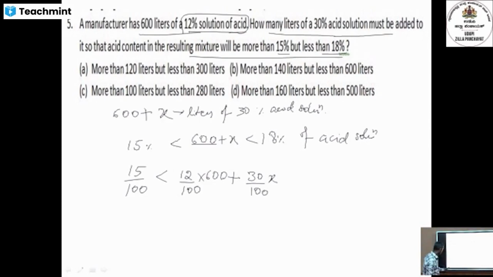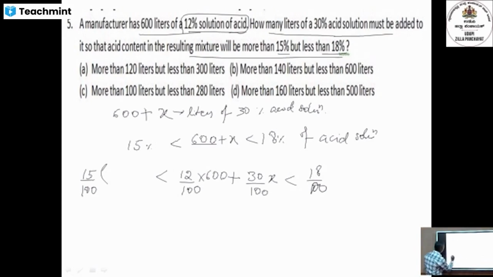There is an error. It is actually 15% of the resulting solution. So 15 by 100 of what? So this will be 15 times the resulting mixture.